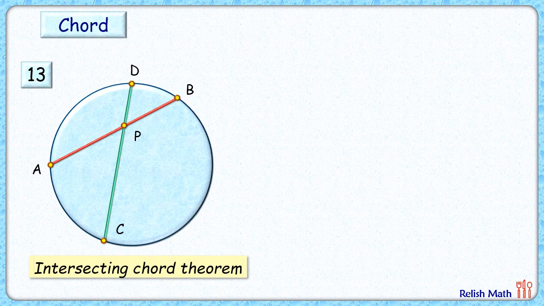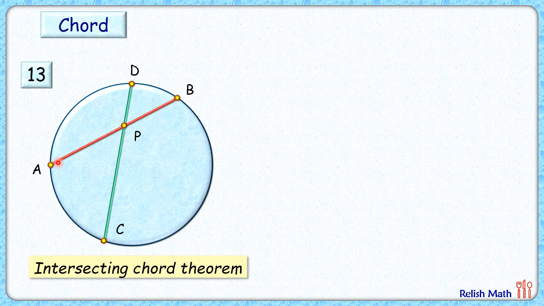Okay, this theorem is most commonly used. That's the intersecting chord theorem. It says that if two chords are intersecting at point P inside a circle, then they will cut each other such that the product of these lengths will be equal.